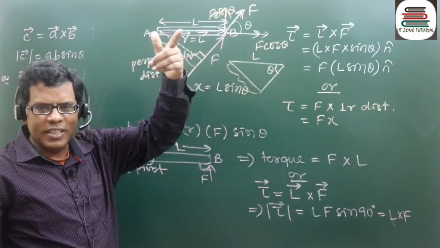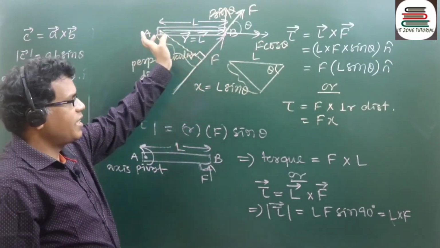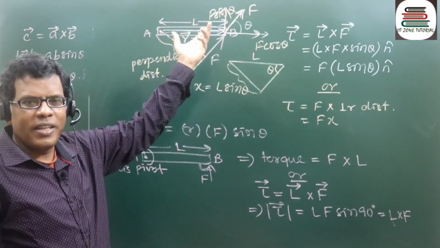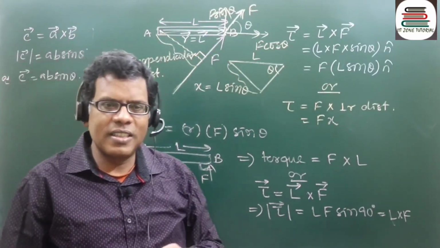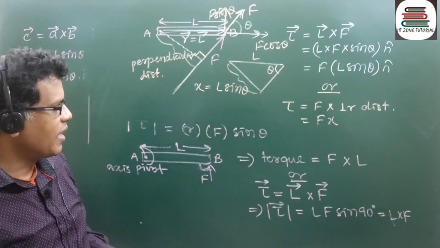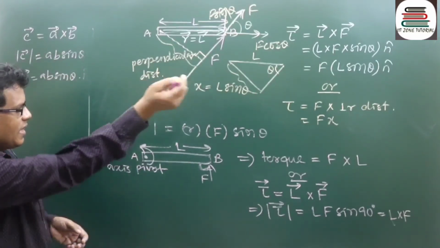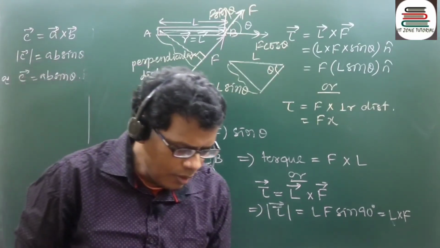Because F cos theta is passing through the axis, it can't rotate. So in other way, F sin theta is perpendicular to the line from the axis of rotation, that's why it can rotate. So we can discuss it in that sense also.